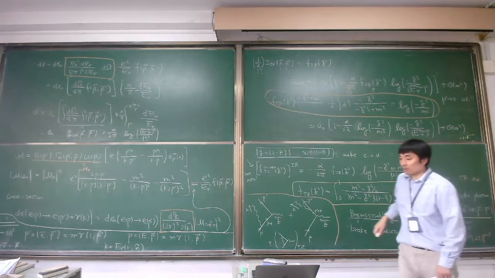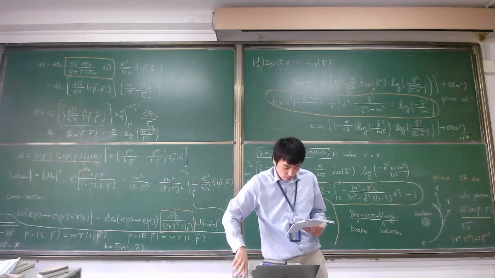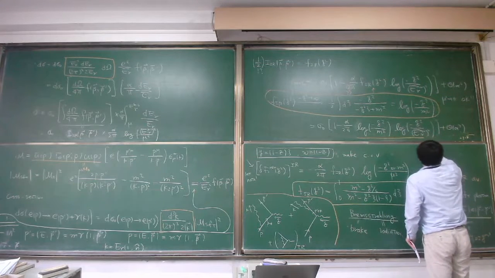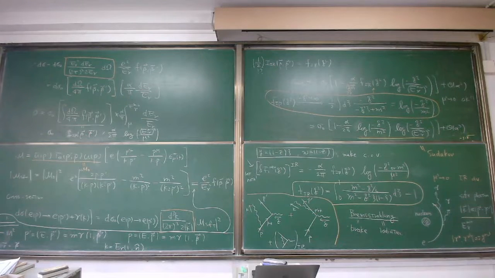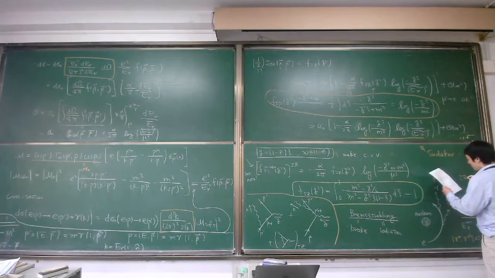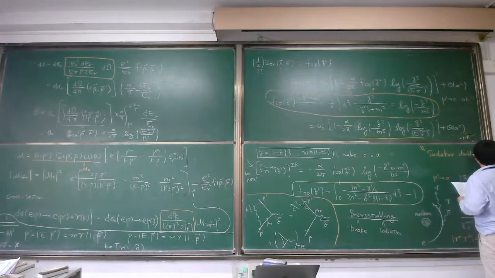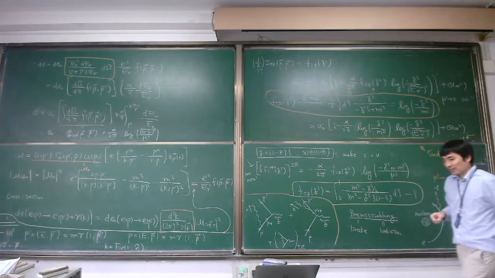And this double log has a name, the so-called Sudakov double logarithm. Clearly, can you see the nationality from the name? Russian. Okay, good. This is called the Sudakov double logarithm.